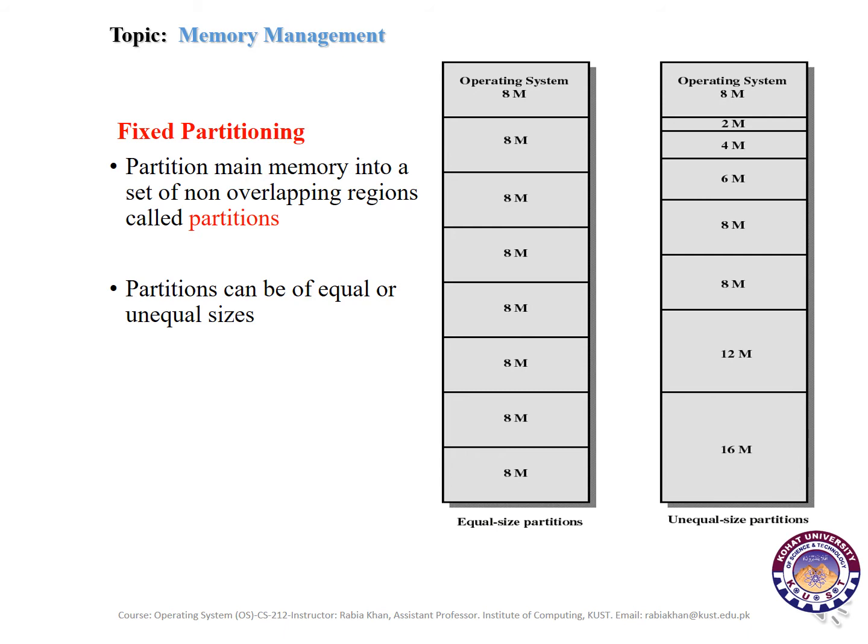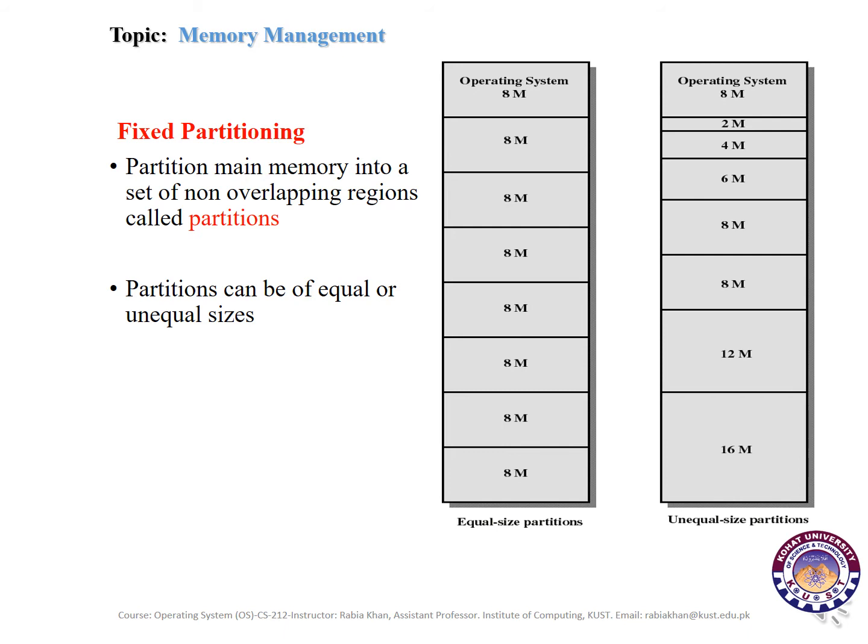Fixed partition can be of two types, either equal or unequal size. If all the divided blocks are of the same size, such partitioning will be known as equal sized fixed partitions. And if the blocks are of unequal sizes, they are known as unequal sized fixed partitions.